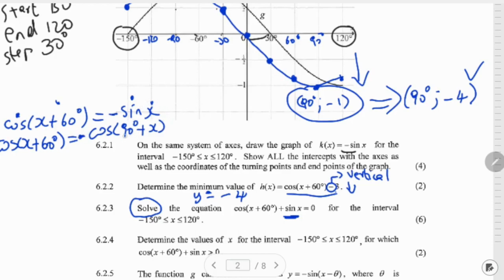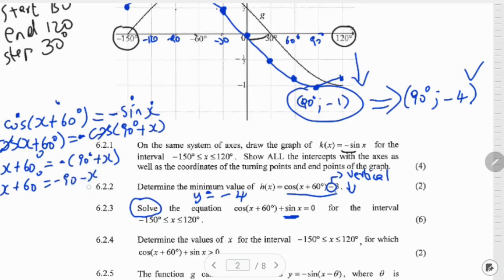So we continue with that negative. And then we've learned that we can drop the coses and just continue with the angles. So our angle on the left hand side is x plus 60. Our angle on the right hand side is minus 90 plus x. And then let's break the bracket. It will be minus 90 minus x.